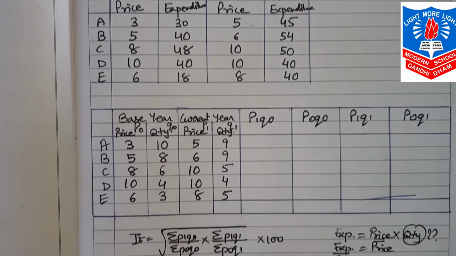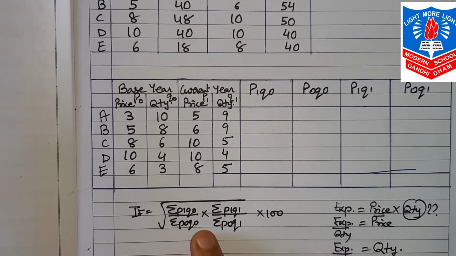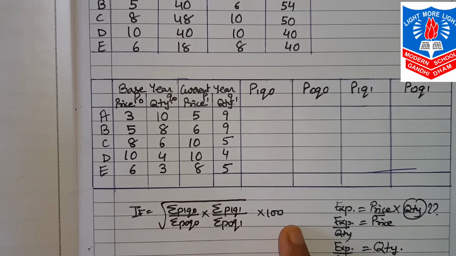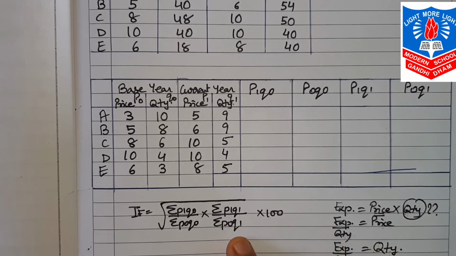Now when we have price and quantity of base year and price and quantity of current year, we are supposed to find IF, the formula for which is sigma P1 Q0 by sigma P0 Q0 into sigma P1 Q1 by sigma P0 Q1, root of that, multiplied by 100. When we are supposed to find only IF, we use this formula.